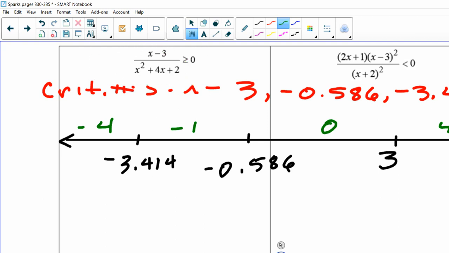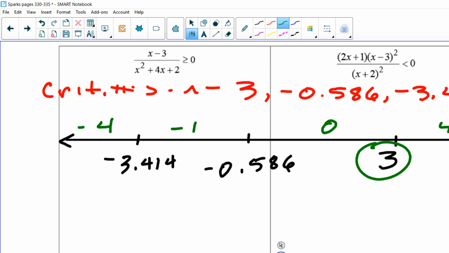Those critical numbers, do any of those critical numbers make this expression equal to 0? So 3 is going to be part of your answer. Will the other two critical numbers be a part of your answer? No, because they made the denominator 0. Correct. You with me there?